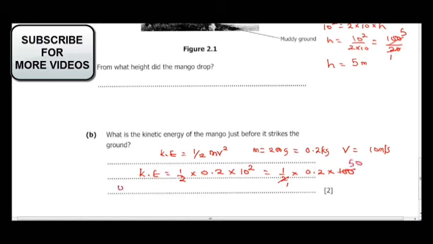So this is 0.2 times 50. 50 times 2 gives us 100, and you bring back your decimal place, so you have 10.0. Our final answer is 10.0 joules. That is the kinetic energy of the mango just before it strikes the ground.